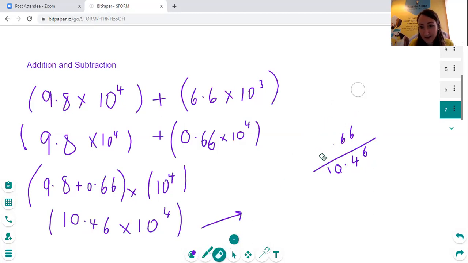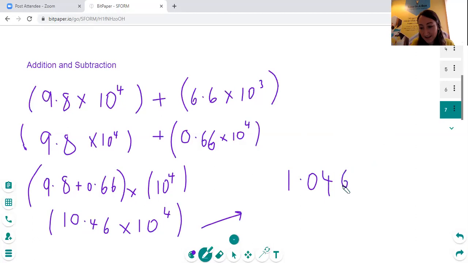That one final step becomes 1.046 times 10 to the power of 5. And then that number there is in standard form. So the numbers between 1 and 9.9. So it is in standard form. And that would be our answer. That would be the one we give to the examiner.